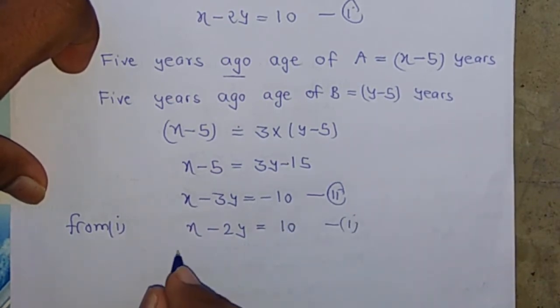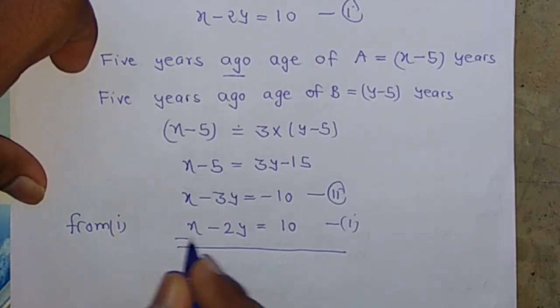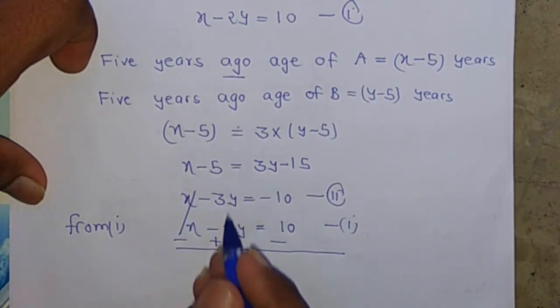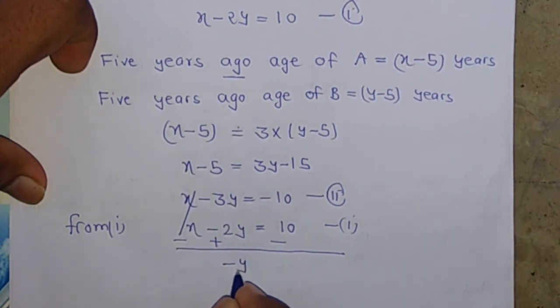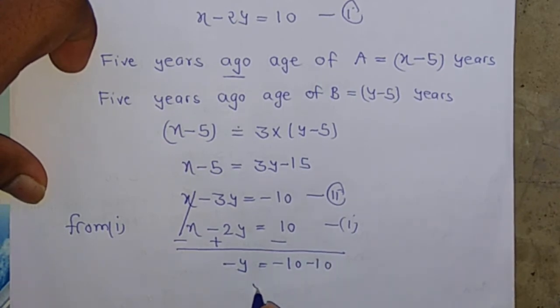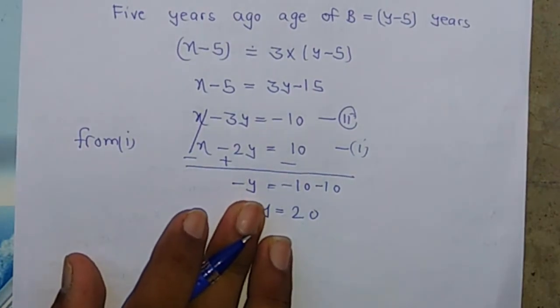Now from first equation we have, since coefficient of X is equal, then we simply subtract this equation, minus 3Y plus 2Y means minus Y, minus 10 minus 10 means minus 20, then the value of Y is 20. Minus cancel out.